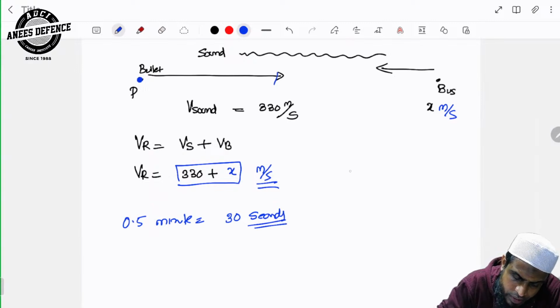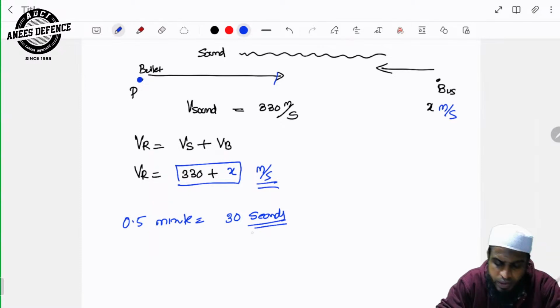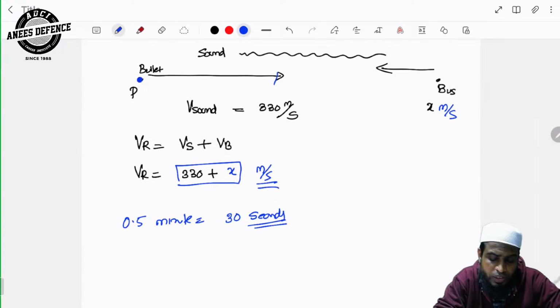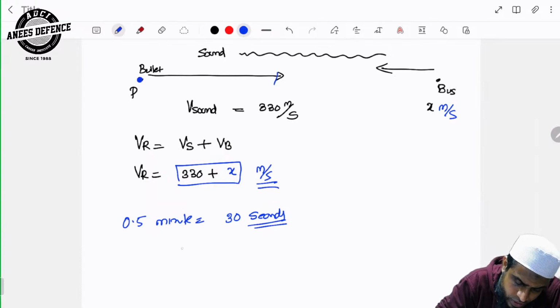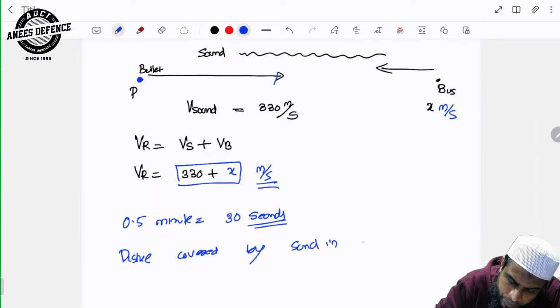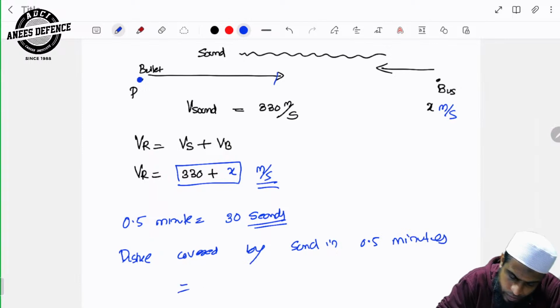In 1 second, how much distance will sound travel? At 330 meters per second, in 30 seconds, the distance covered by sound in 0.5 minutes is equal to 30 into 330.